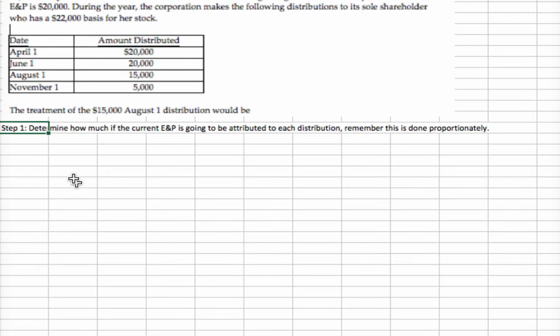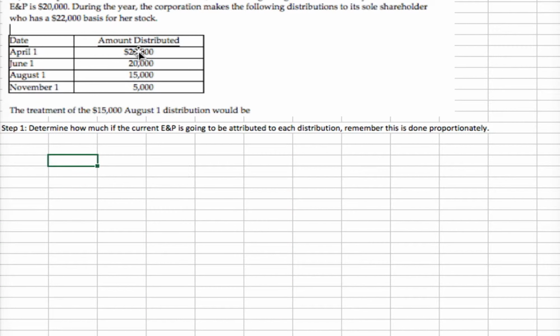So step one, determine how much of the current earnings and profits is going to be attributed to each distribution. And remember, this is done proportionally. We know current earnings and profit for the year is $20,000. So you're not going to just say, oh, that's all going into the April 1st amount, and now we're out of current earnings and profits.